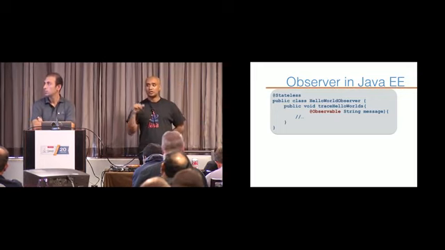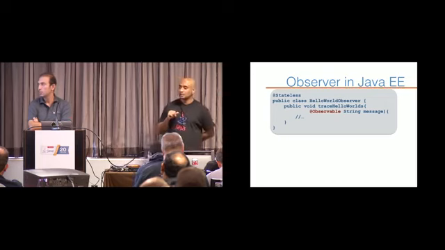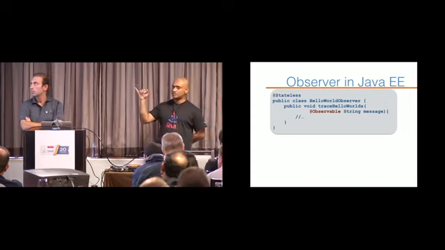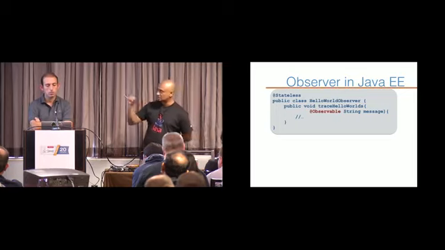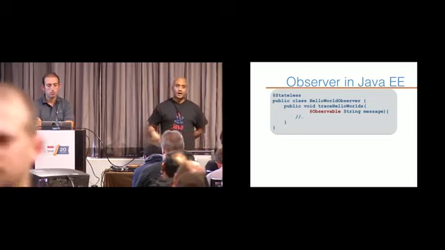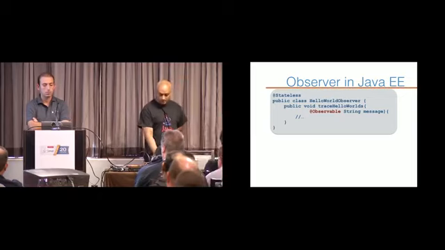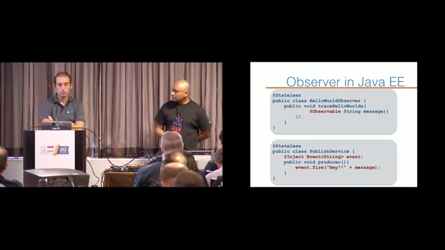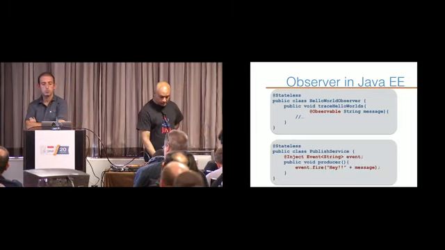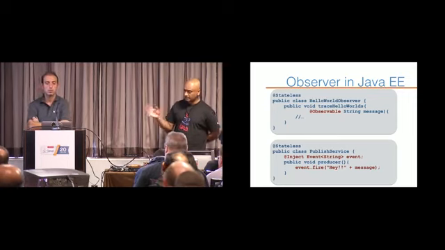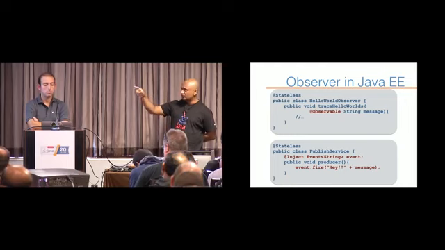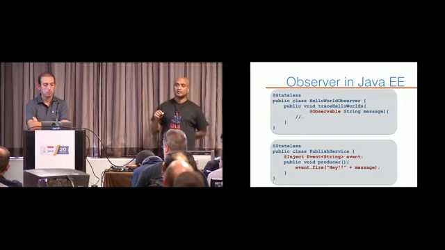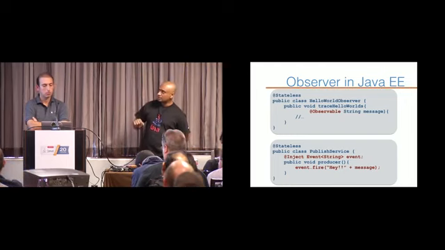What this says is observe an event that matches the payload of my method parameters. In this case, it's the string message, and I will act upon it. And the way this is actually invoked is not directly by injecting an instance of the hello world observer and invoking the trace hello world method.